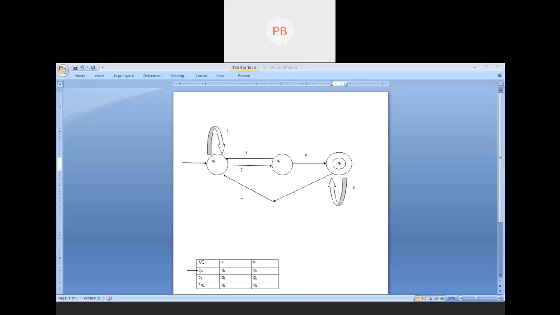Whether you have to define that a string is accepted by the DFA, or whether a string is within the language or not, the process is the same. You have to verify whether the string is accepted by the DFA or not. Is it clear to everyone?